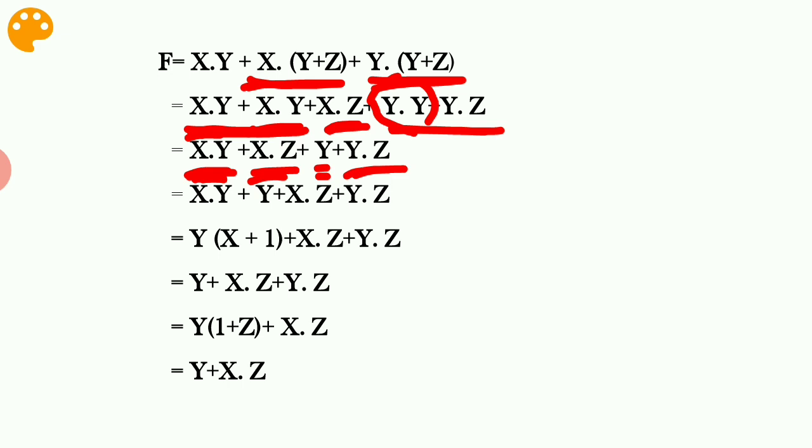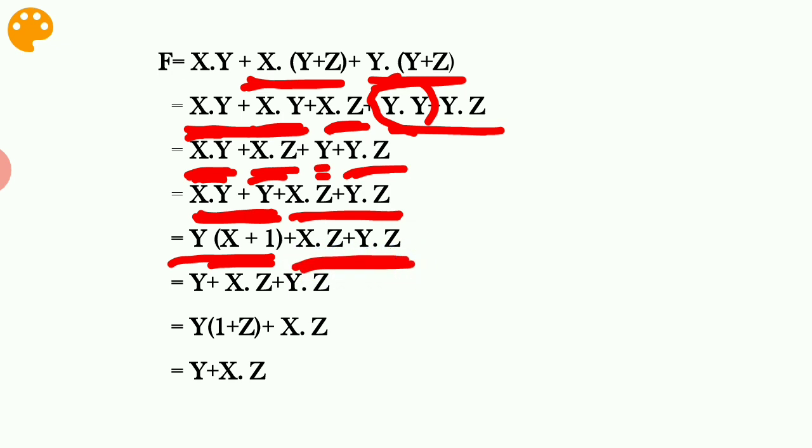Now I am going to rearrange these terms in order to take some common term. The first term and the third term are written together: X into Y plus X into Z plus Y into Z. If you look at the first and second terms in this equation, they have Y as common. Taking Y as common, we get Y into (X plus 1) plus the rest of the terms.